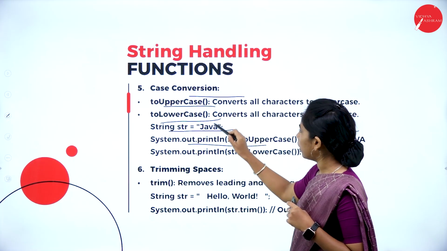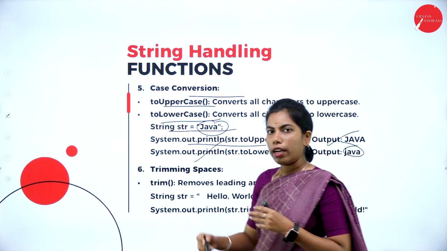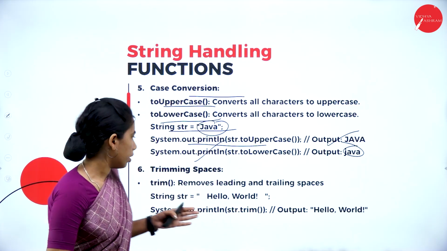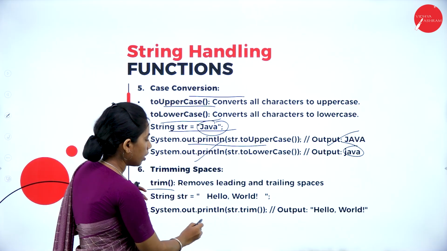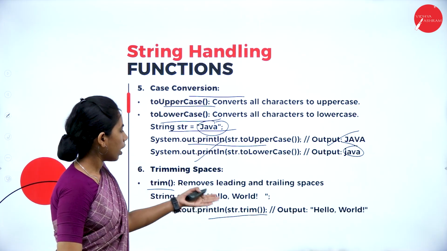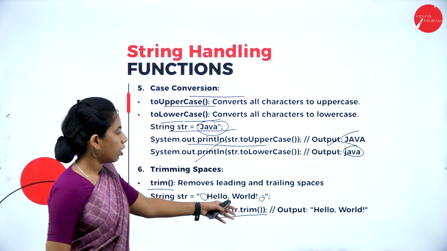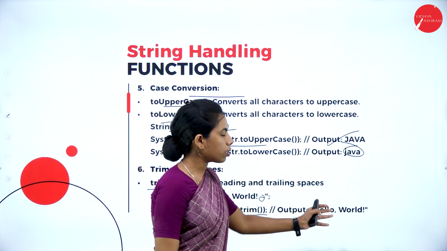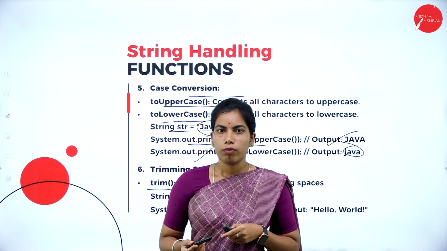It will print Java in capital letters. For this, all letters are small. And trim: I have to cut spaces. In that case, call the trim function. The output hello world means it will trim the spaces. Here you can see you have spaces, but the output statement doesn't have any space. This is how the trim function works.